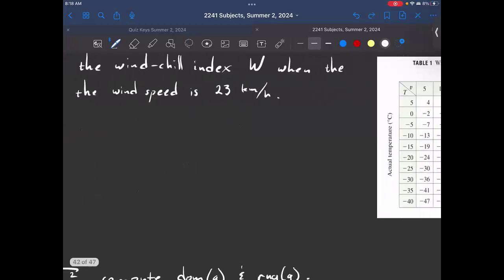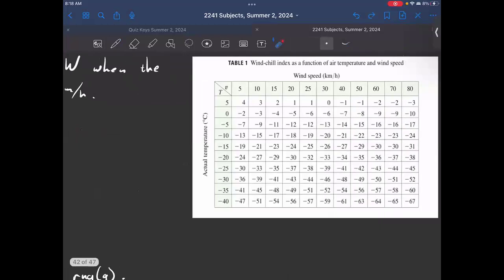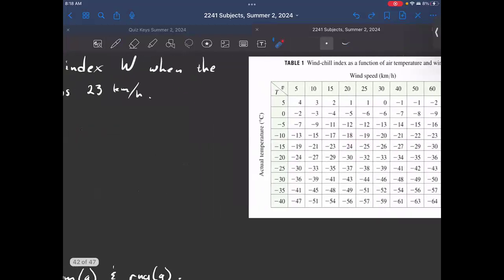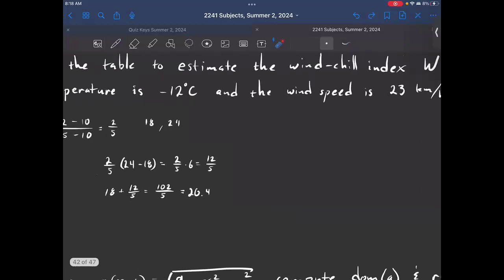And now in the second column we have 19 and 25. So now I need 2/5 of the way between 19 and 25. So 2/5 of 25 minus 19. Okay, this is also going to be 6.